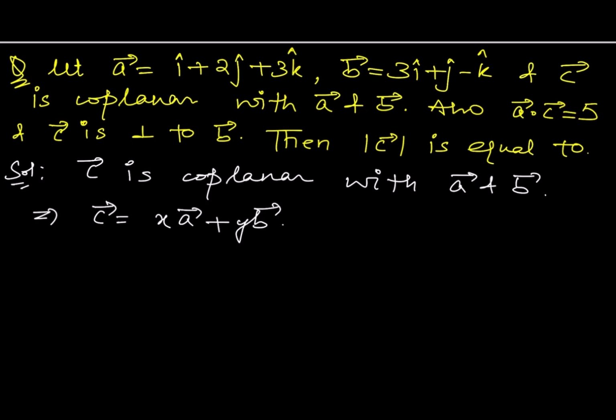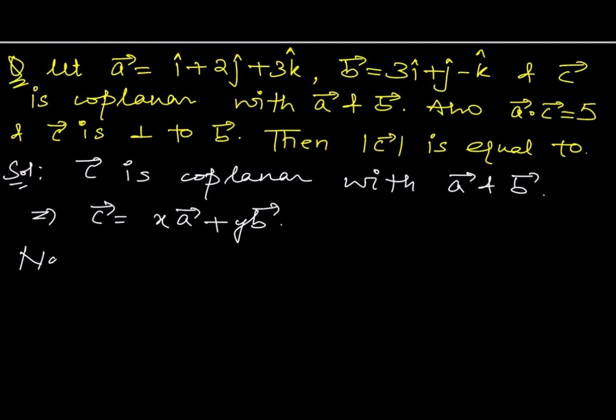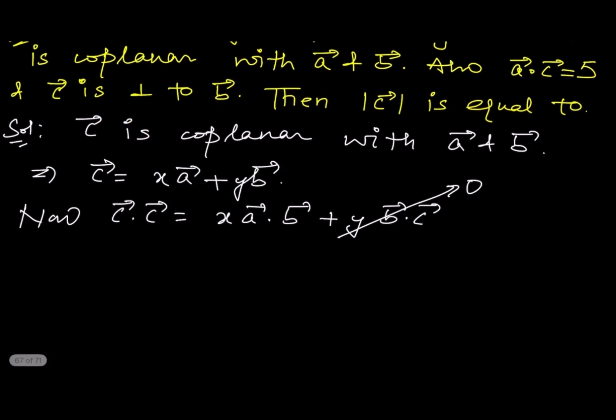Now, if I take dot product with C vector both sides, then it will become C dot C is equal to x A dot C plus y B dot C. Now as B vector and C vector are perpendicular, it is given already in the question, so B dot C will become 0.